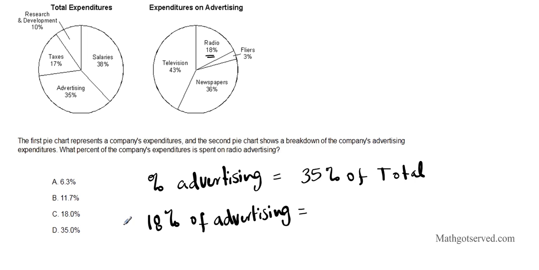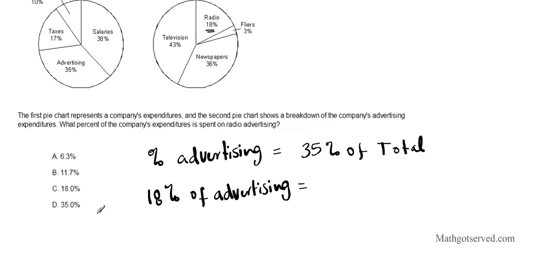But I know that advertising is 35% of the total. So this is radio right here. My radio expenditure is going to become 18% of the amount of the total spent on advertising, which is 35% of the total.